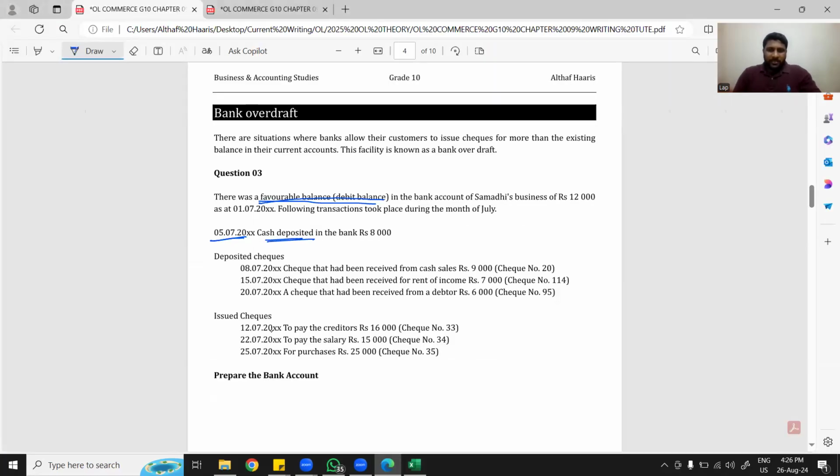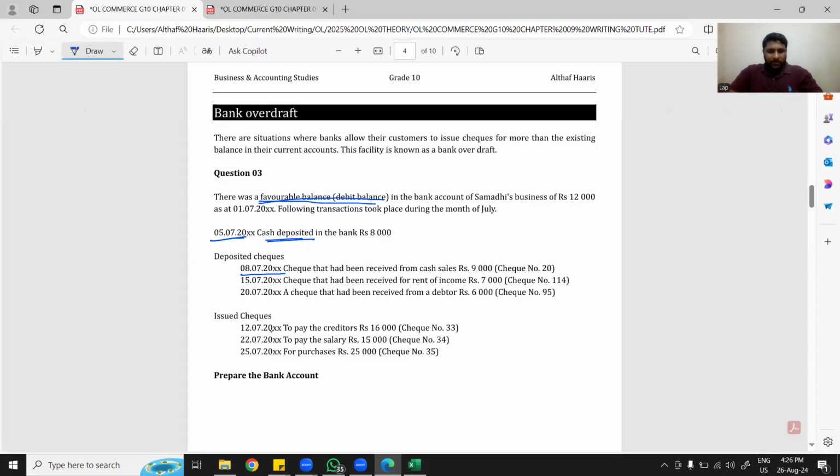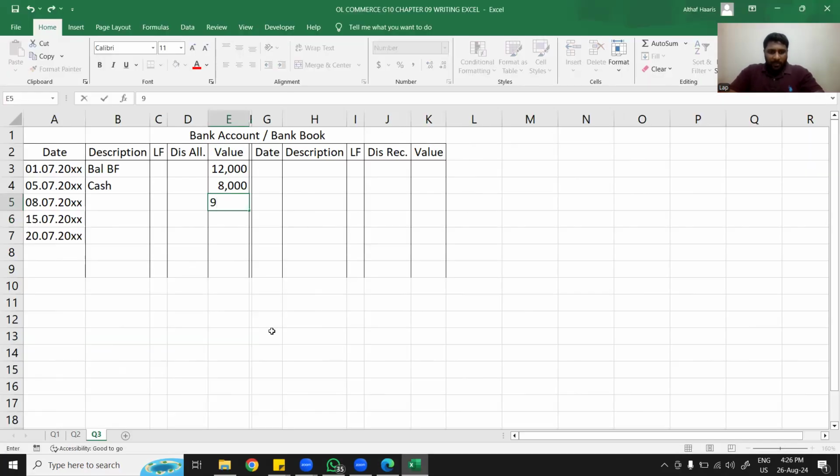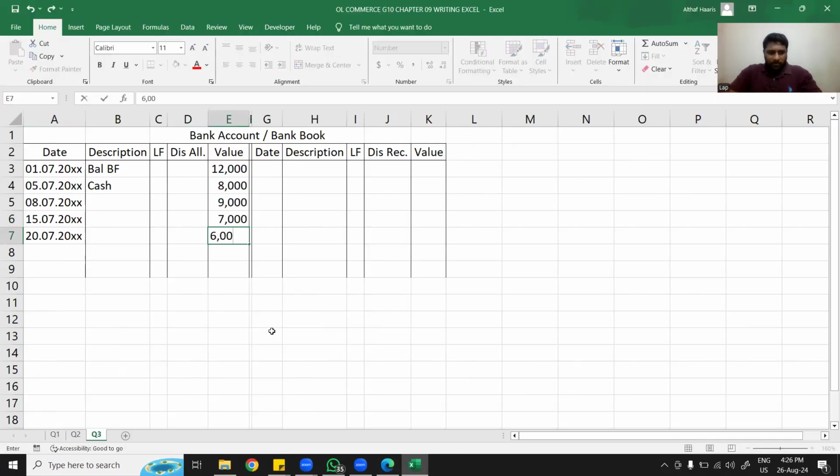There are some check deposits. I'll write the date. Check deposits, 15/7/20XX, 27/20XX. Values 9,000, 7,000, then 6,000.